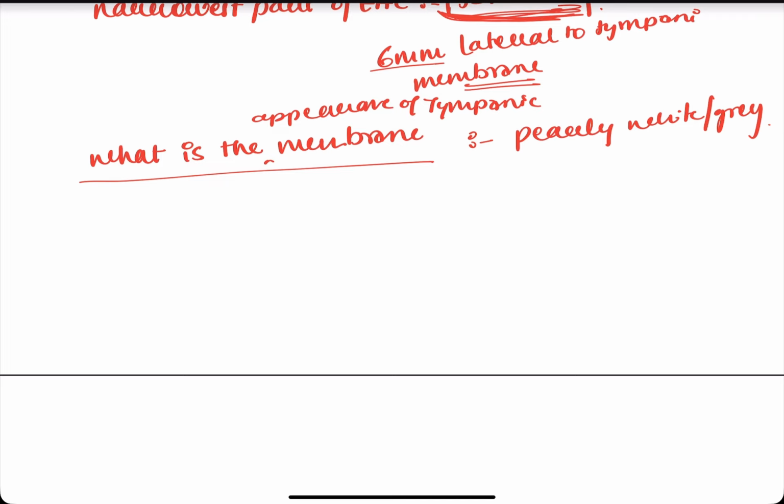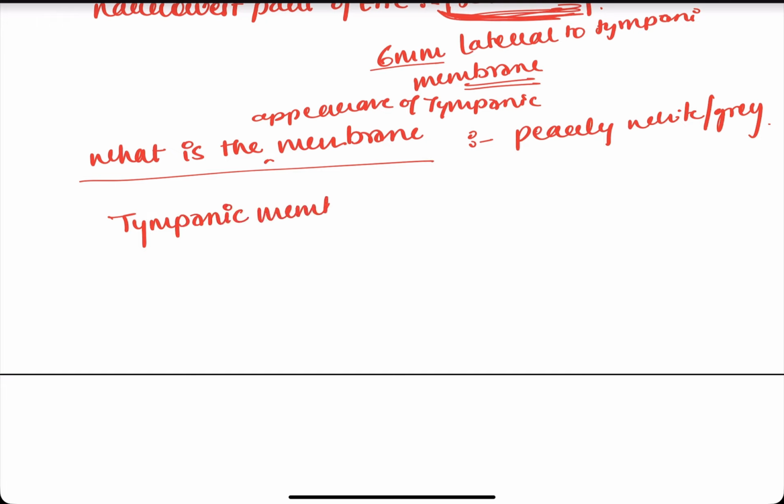The tympanic membrane is formed from all the three germ layers that we know already. Some important points about the tympanic membrane: its thickness is 0.1 mm.